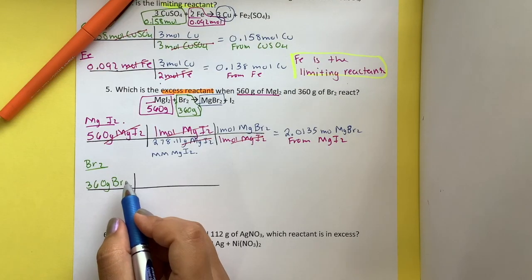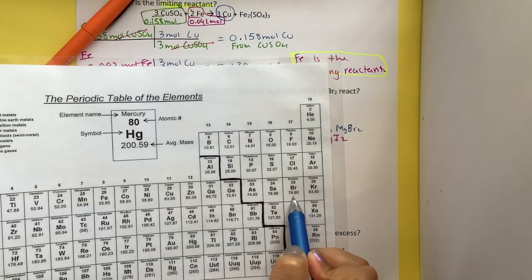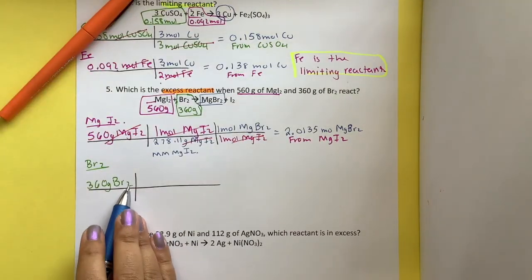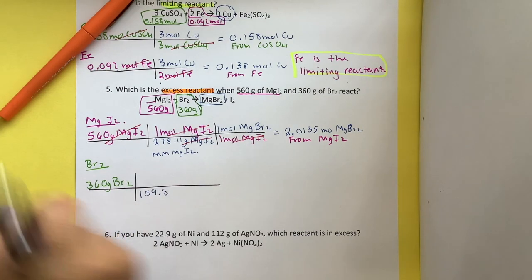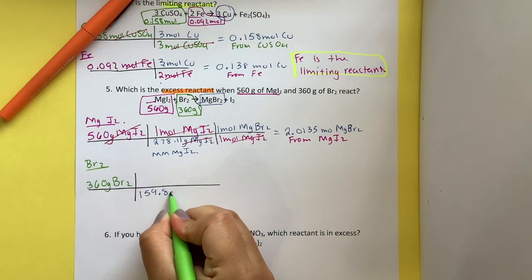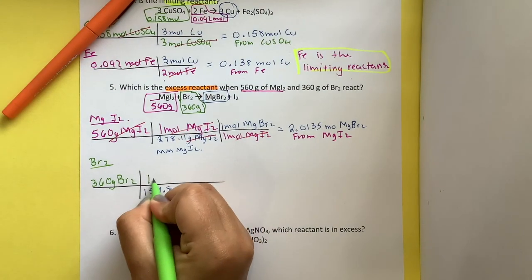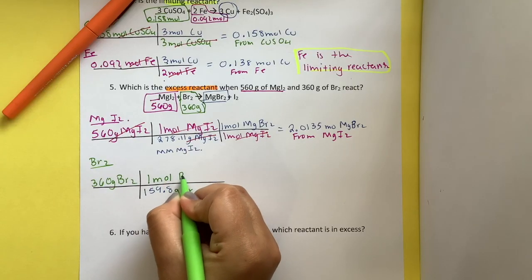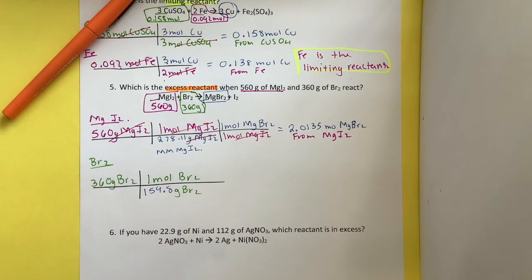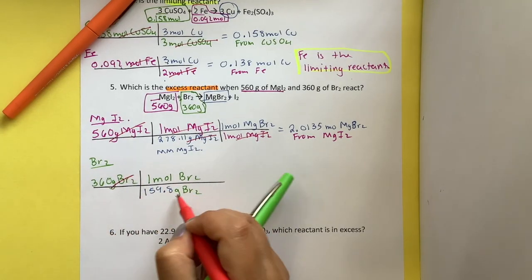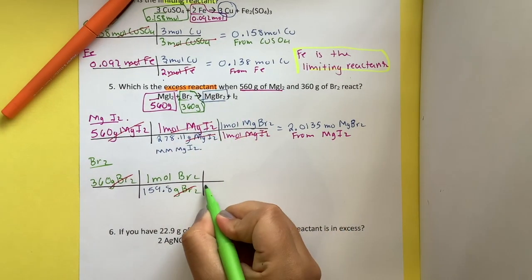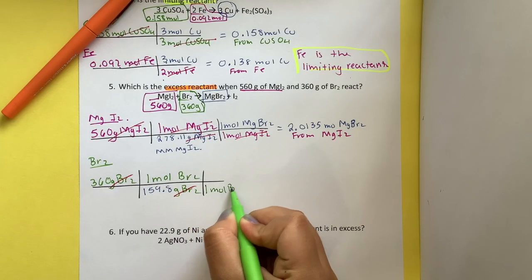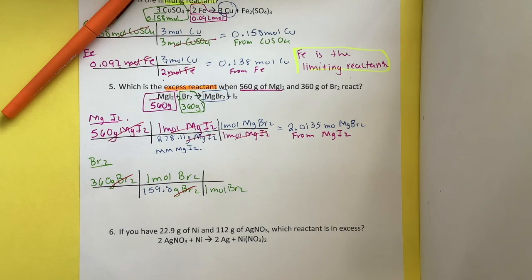So I'm going to get the mass of 1 bromine, which is 79.90, multiply by 2 because I have 2 of them, and it gives me 159.8 grams of bromine for every 1 mole of bromine. Like this, the grams get canceled out, and now I'm left in moles. Now that I'm in moles, I can use my mole ratio. According to my equation, I have 1 mole of Br2 for every 1 mole of my product.